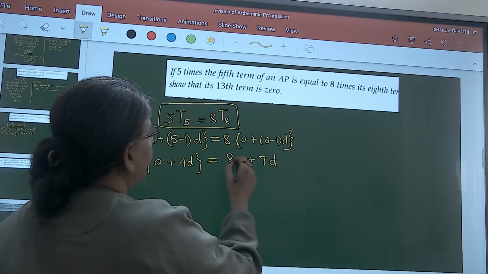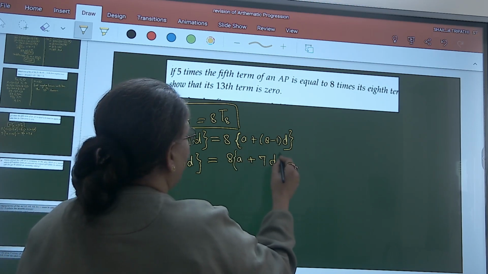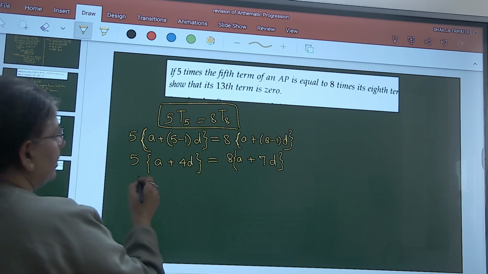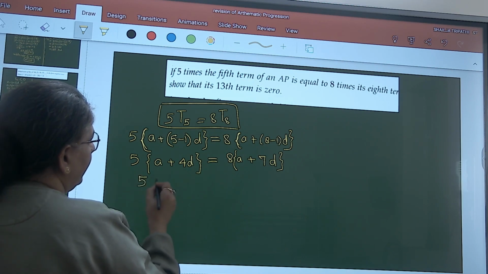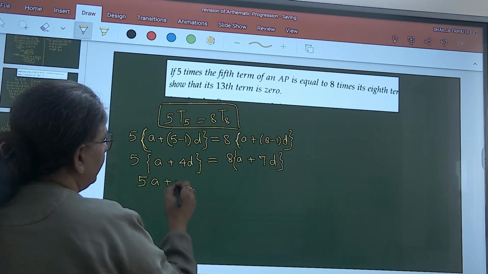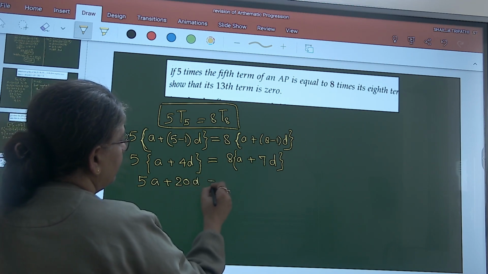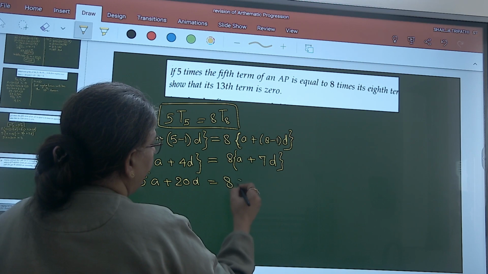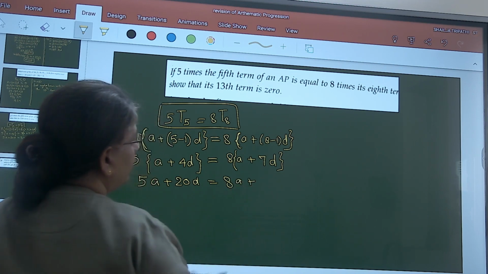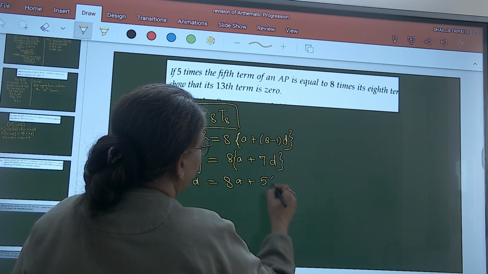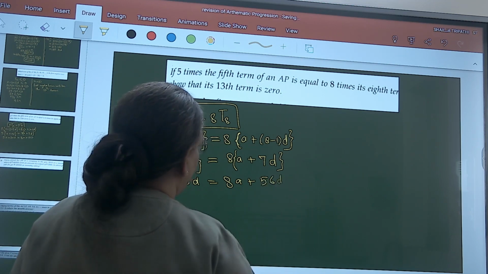Sorry, here it is again a curly bracket. Now let's solve it. What we get, 5a plus 5 times 4, which is 20d, is equal to 8a plus 56d.